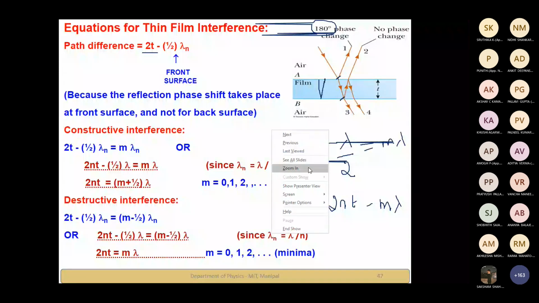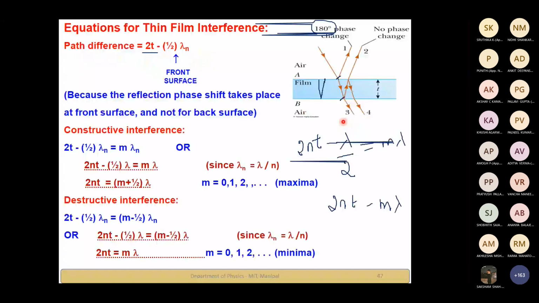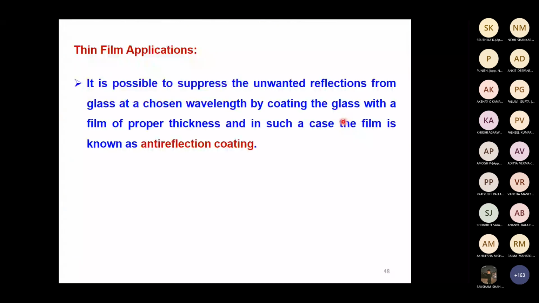Okay. Before going into the problem, we need to look into some applications. What are the applications of thin films? It is possible to suppress the unwanted reflections from the glass of chosen wavelength by coating the glass with an appropriate thickness. You might have seen nowadays the spectacles which come with anti-reflection coating cost you quite a lot.